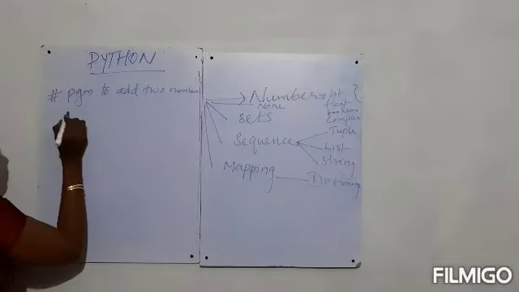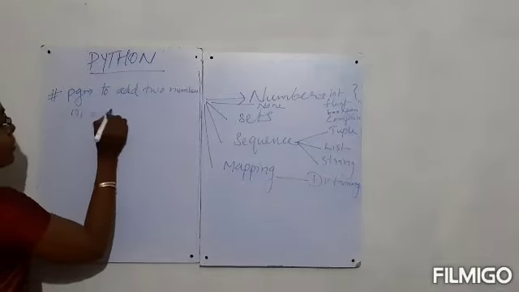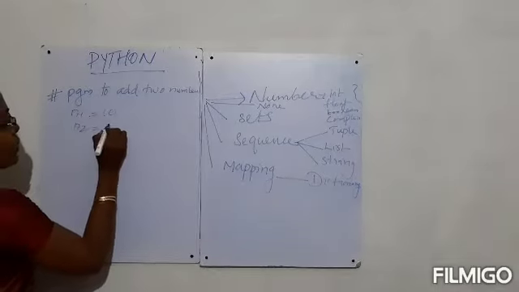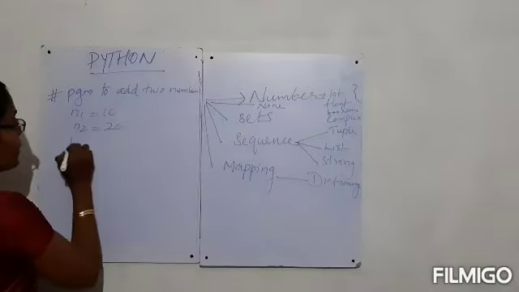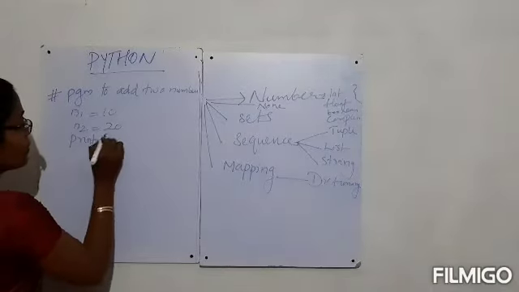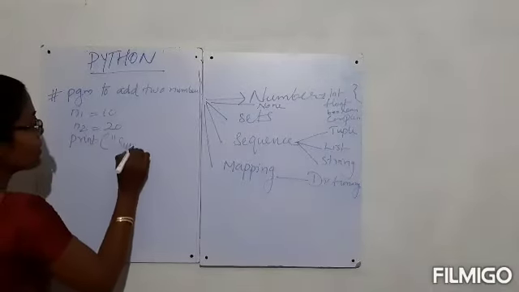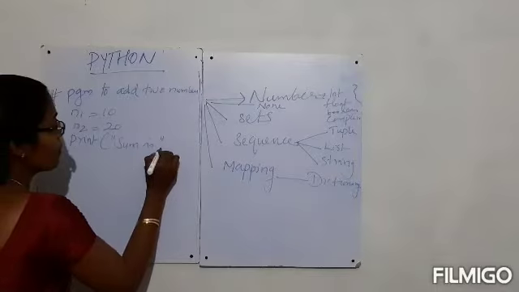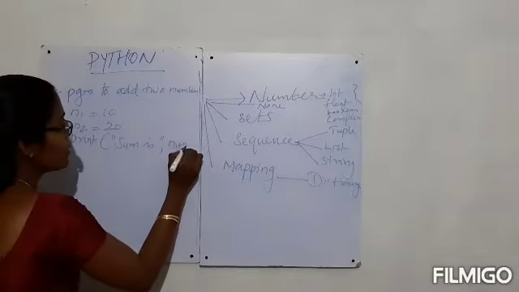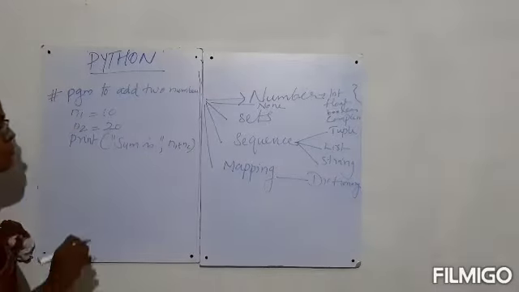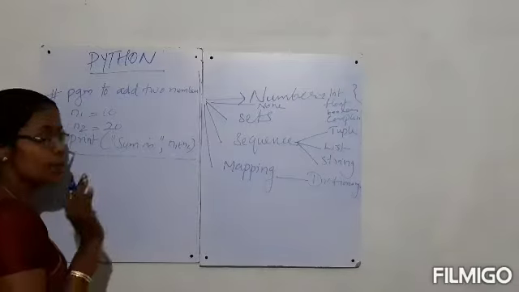First one, n1 equal to 10, n2 equal to 20. Print sum is n1 plus n2. This is the program for displaying the sum.